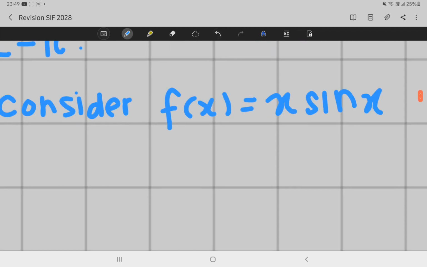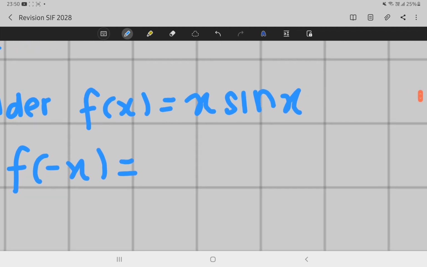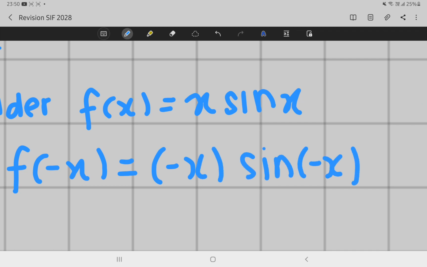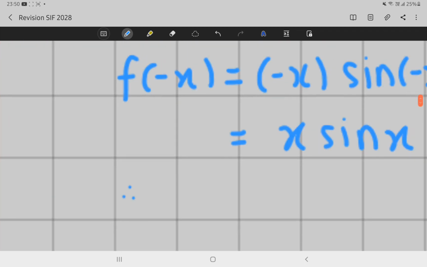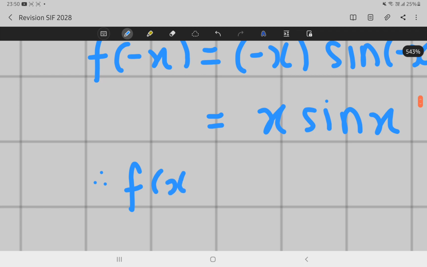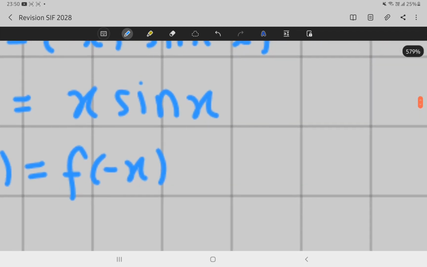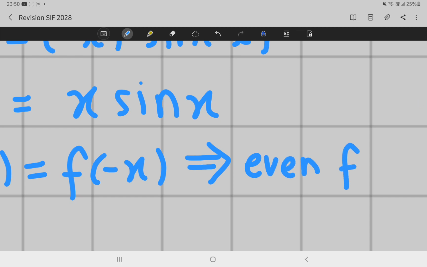Then we substitute f of minus x, so it's minus x sine of minus x, which is minus minus plus, so x sine x. Hence we see that the function f of x is equivalent to f of minus x, which tells us that it is an even function.